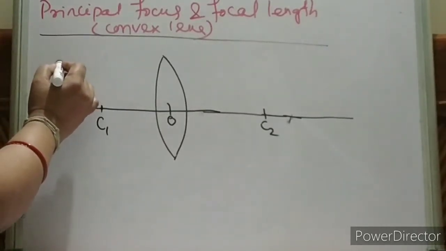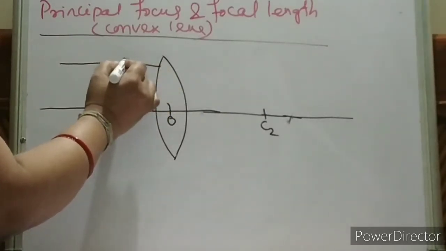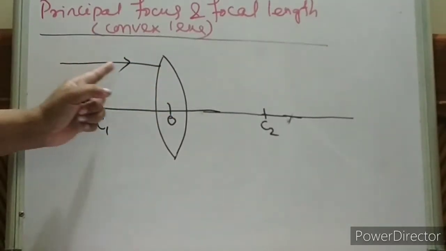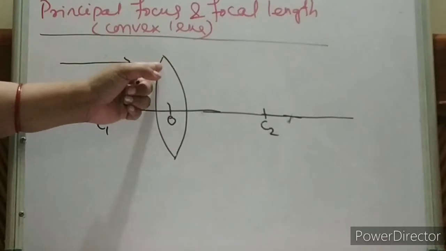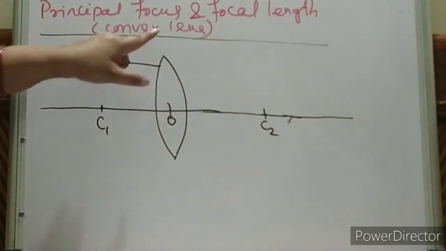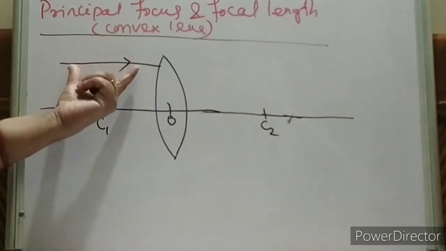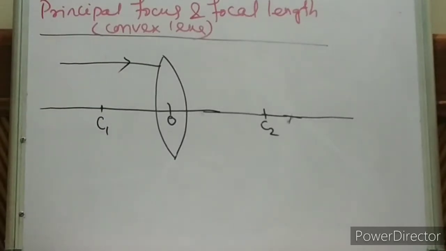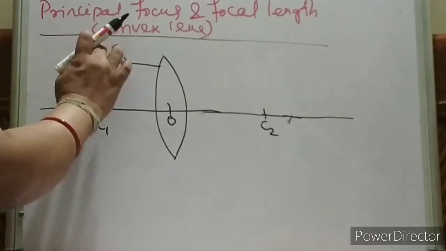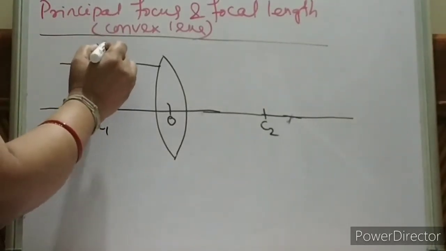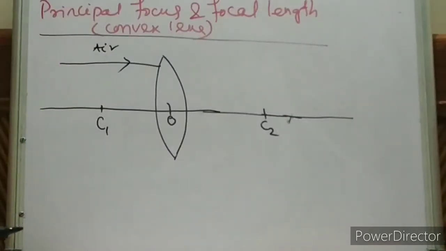Let the incident ray, we'll take this case, be incident on this point on this surface, and it is parallel to your principal axis. Then how will it get refracted? Tell me. This is the medium, air, and this is your glass medium.